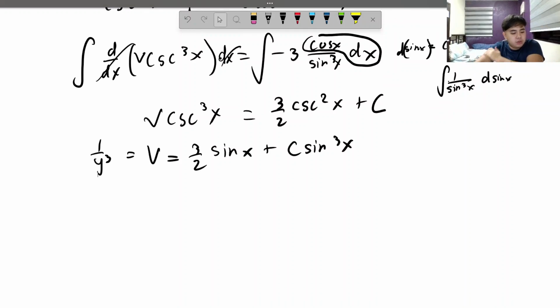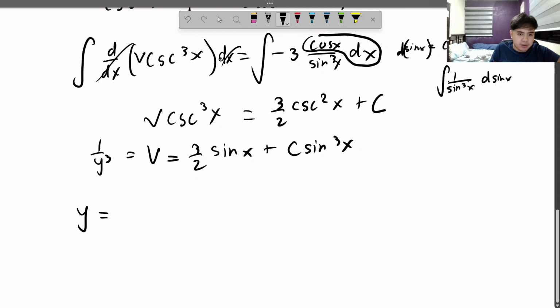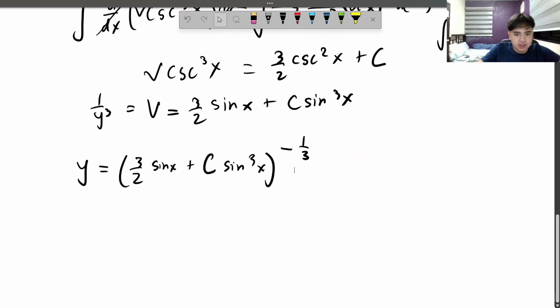Now you can do one of two things here. One, you can isolate y, which will get you 3 over 2 sine x plus c sine cubed x, to the power negative 1/3. You can do that, and this is a function of y. Or you can also do this.